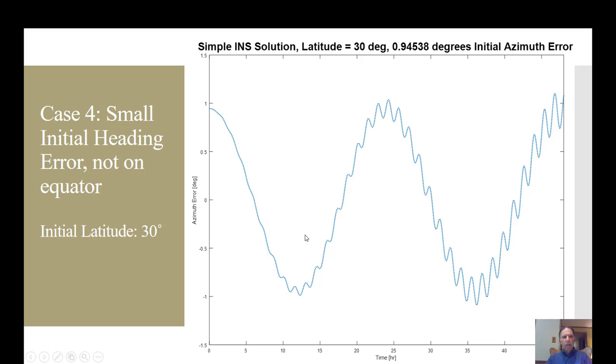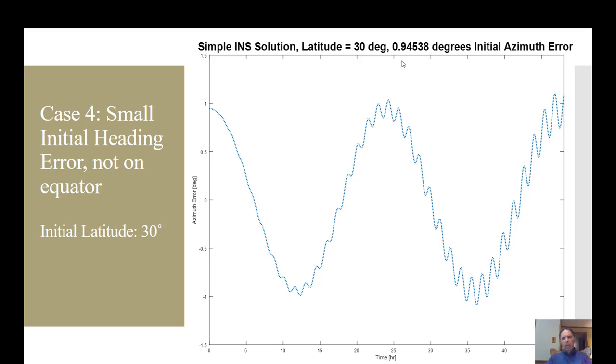Now we go to case 4, and now we move away from the equator to an initial latitude of 30 degrees. Again, we kept that initial sort of strange azimuth error of 0.94538 degrees, which, as we said, is a large error for a quality inertial navigator.